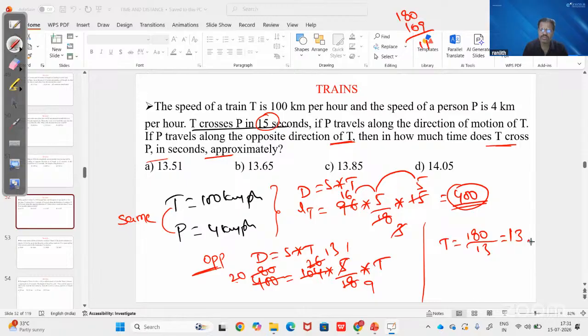So if I put a decimal point, I will get 110. In 110, 13 table, it will be 8 times. So the answer will be equal to 13.85 seconds.